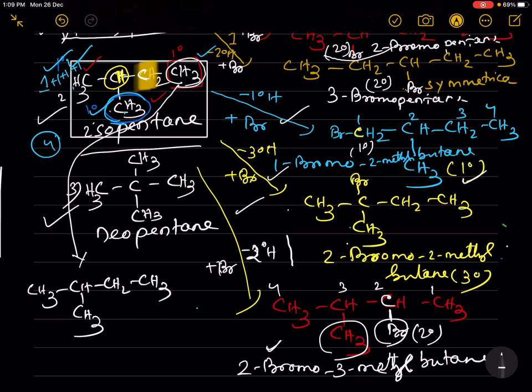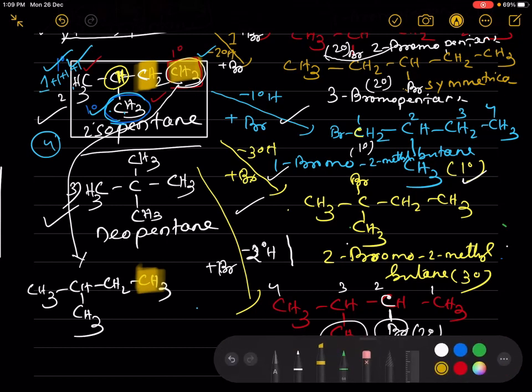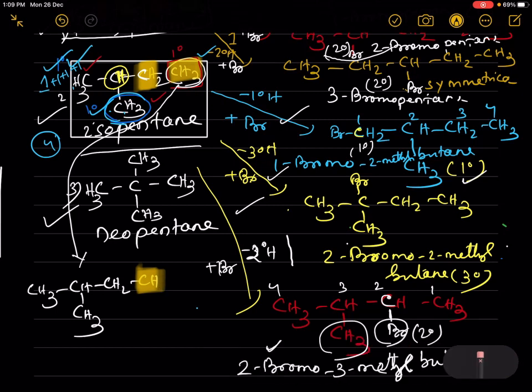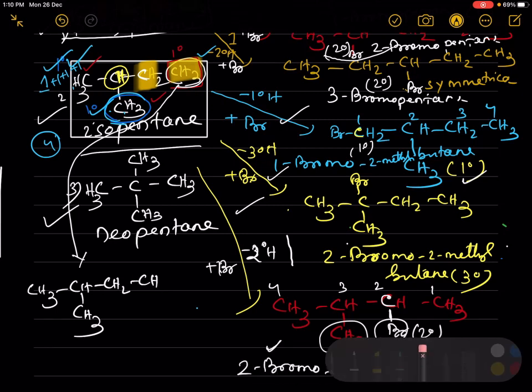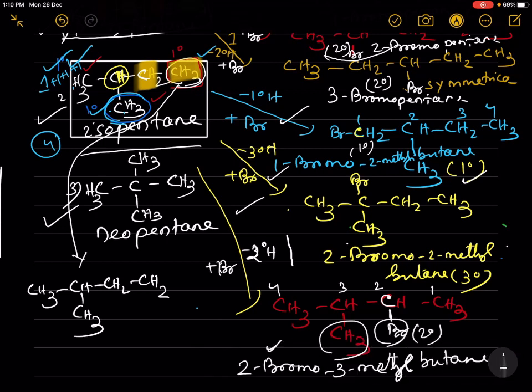I have to remove the hydrogen atom from this carbon, means this one, and a bromine atom is substituting that hydrogen atom. Means I have removed a primary hydrogen atom and substituted it by a bromine atom. So I got the structure like this.